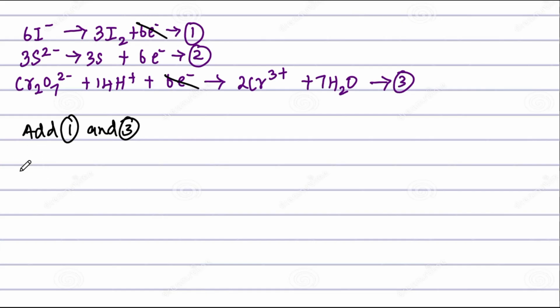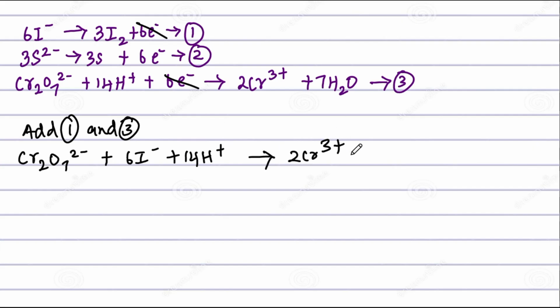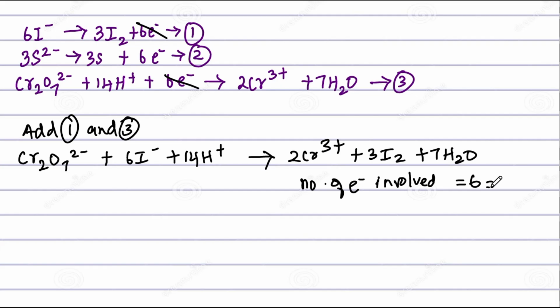The remaining reactant and product sides are Cr2O7 2- plus 6I- plus 14H+ gives 2Cr3+ plus 3I2 plus 7H2O. Here how many electrons are getting cancelled? The number of electrons involved in this reaction is 6. So this is the value of X.